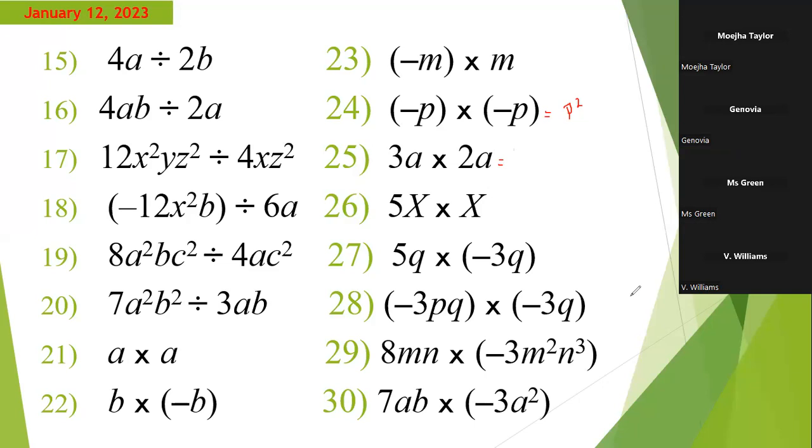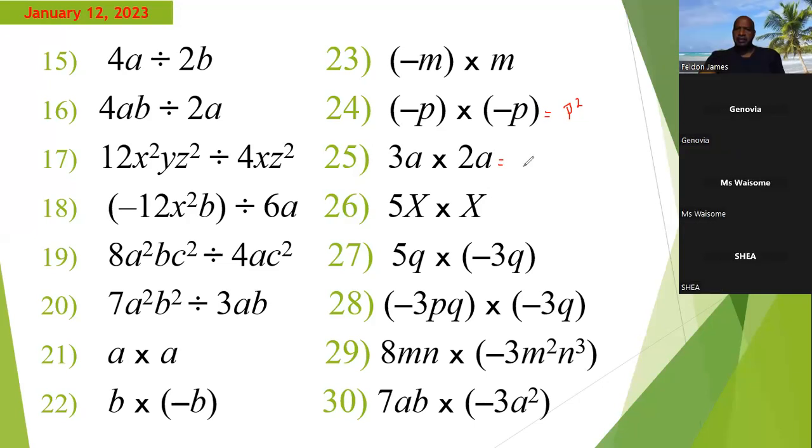Go ahead, Ms. Genovia. What's the answer? The answer is 6a squared. All right, 6a squared.